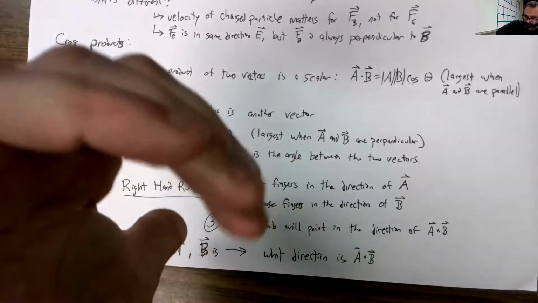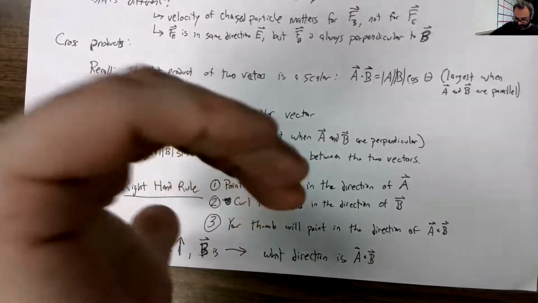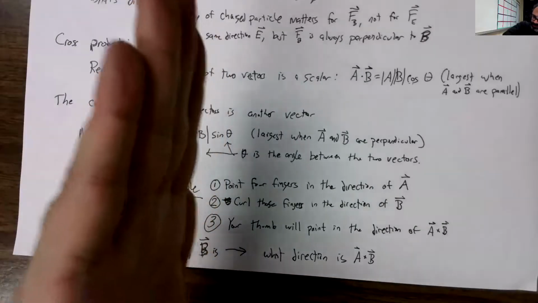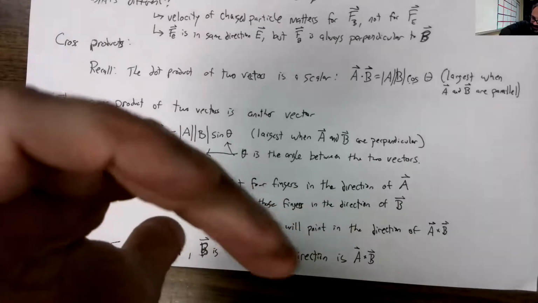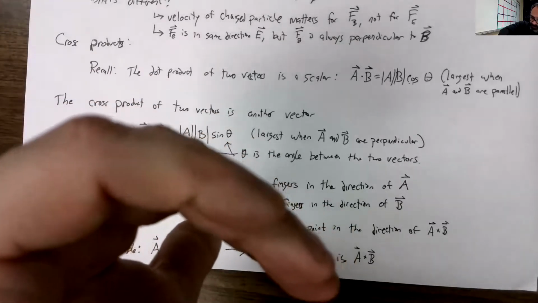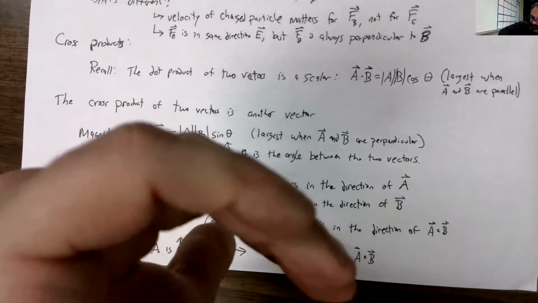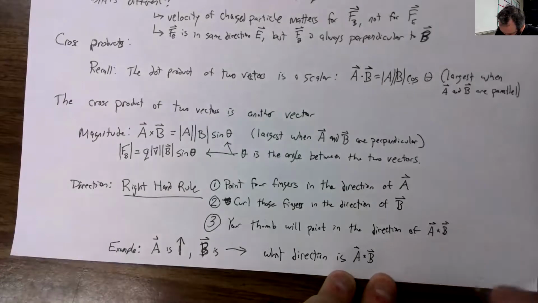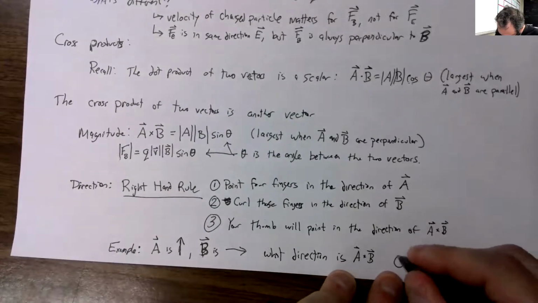My thumb is pointing straight down into the page. So that'll be the direction of the cross product. And the way we notate into the page is this symbol here.